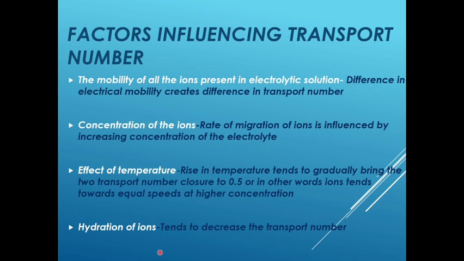Next, let's see which factors influence transport number. There are 3 or 4 factors on which the transport number depends. The first factor is the mobility of all the ions present in the electrolytic solution.